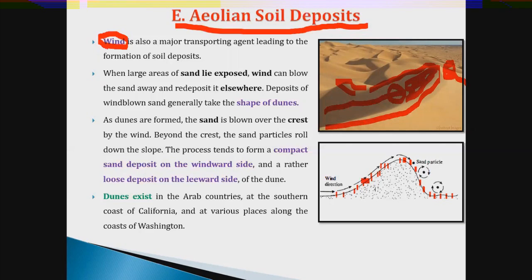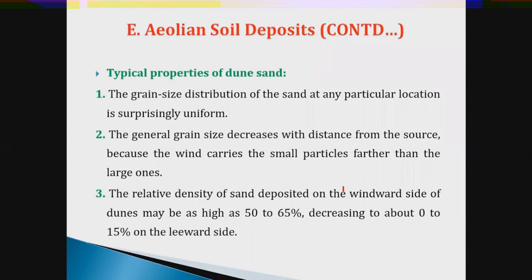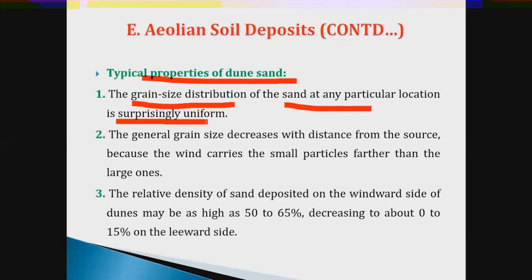So if you want to study some typical characteristics of the dune sand, the grain size distribution of the sand at any particular location is surprisingly uniform, because wind will carry the smaller particles farther onto the areas.